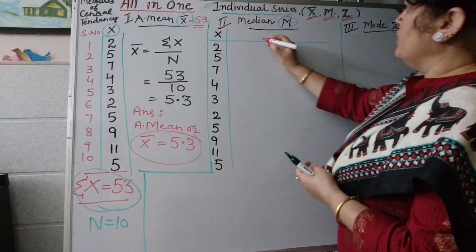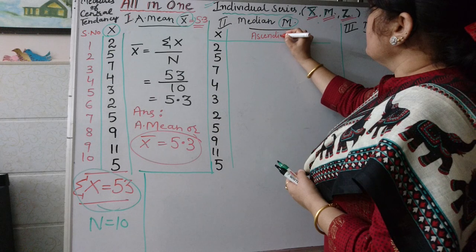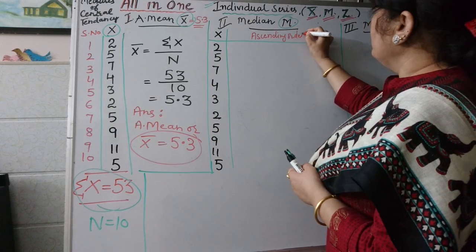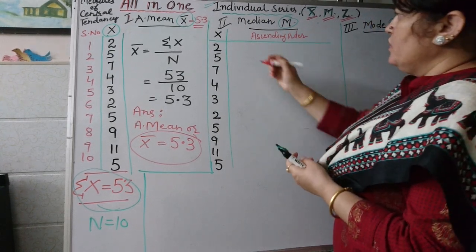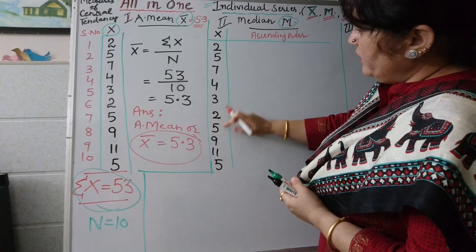So let us first of all prepare ascending order. Ascending order means minimum to maximum. So first of all, minimum value, here minimum value is 2. 2 is 2 times.